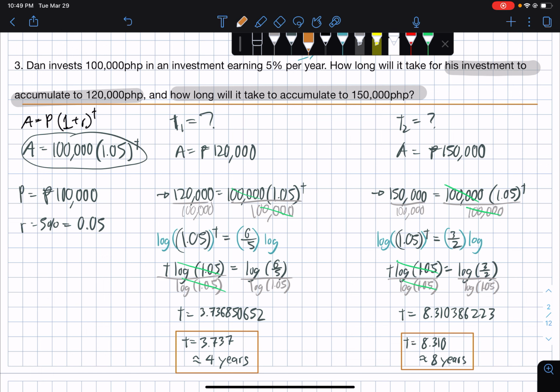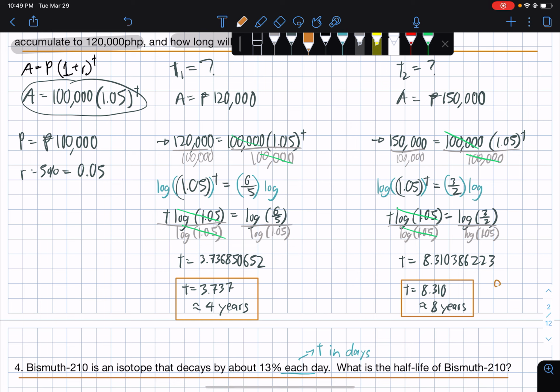Some answers would state that it would take 9 years. 9 years, 8 years, I don't think there's much of a difference. I think we did the computation accurately. I mean, it's not exactly accurate, but rather precise.